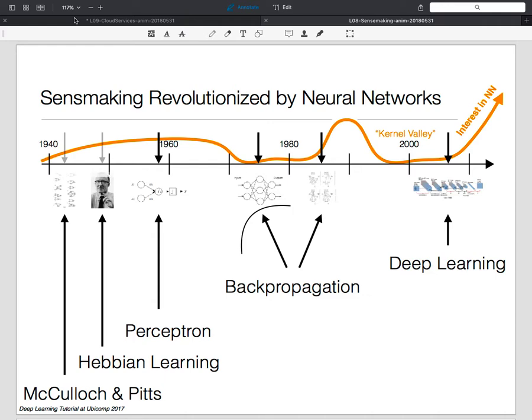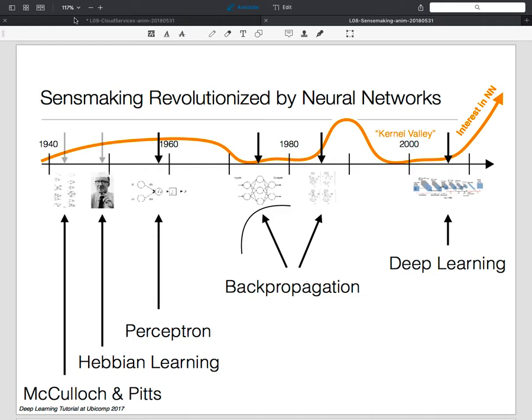Now, neural networks themselves are not new. The basic concepts behind these go back to the 40s and 50s, and there was a lot of interest then. This line is showing rising and falling interest. When I was a grad student, that was another time when there was a lot of interest. Then things again died down, and then with GPUs and lots of data and Mechanical Turk, the stars got aligned again.